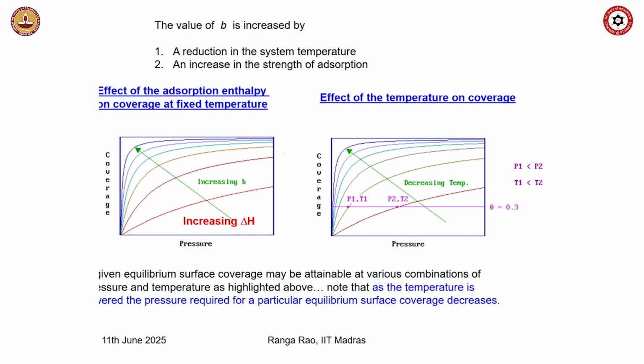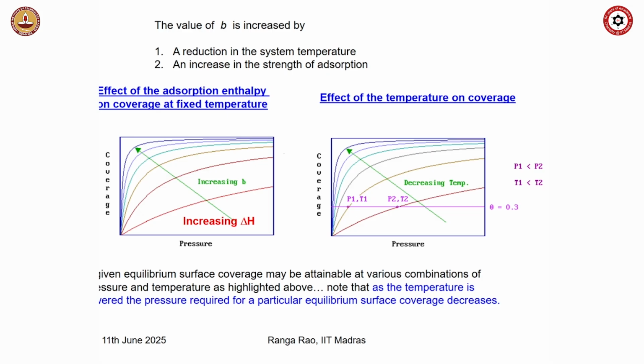Higher delta H, that is more negative delta H, means adsorption is favorable. So B is favorable, right? So as you increase the H value, the coverage is increasing very sharply even at low pressures.